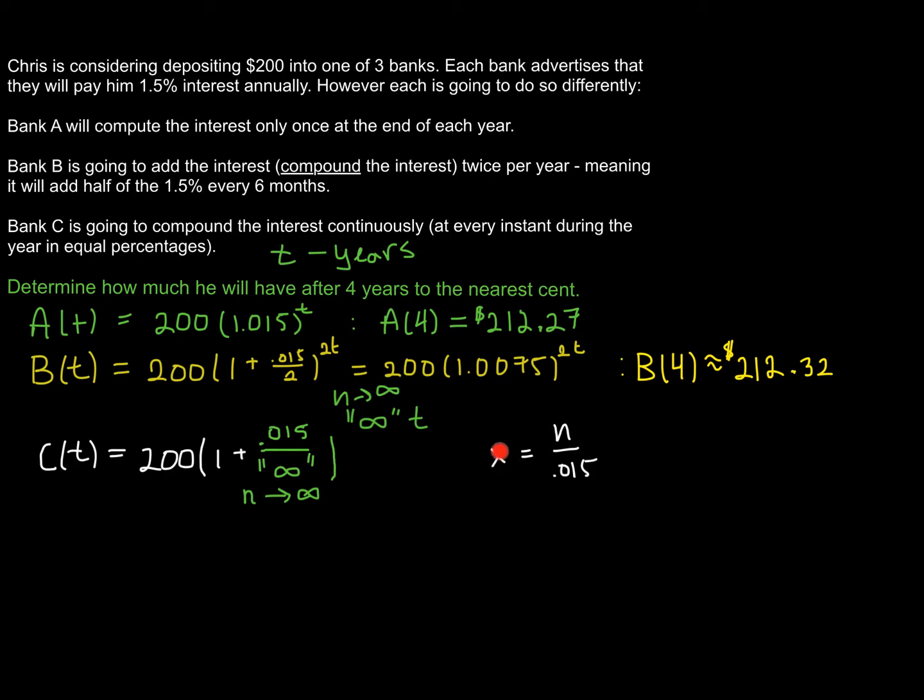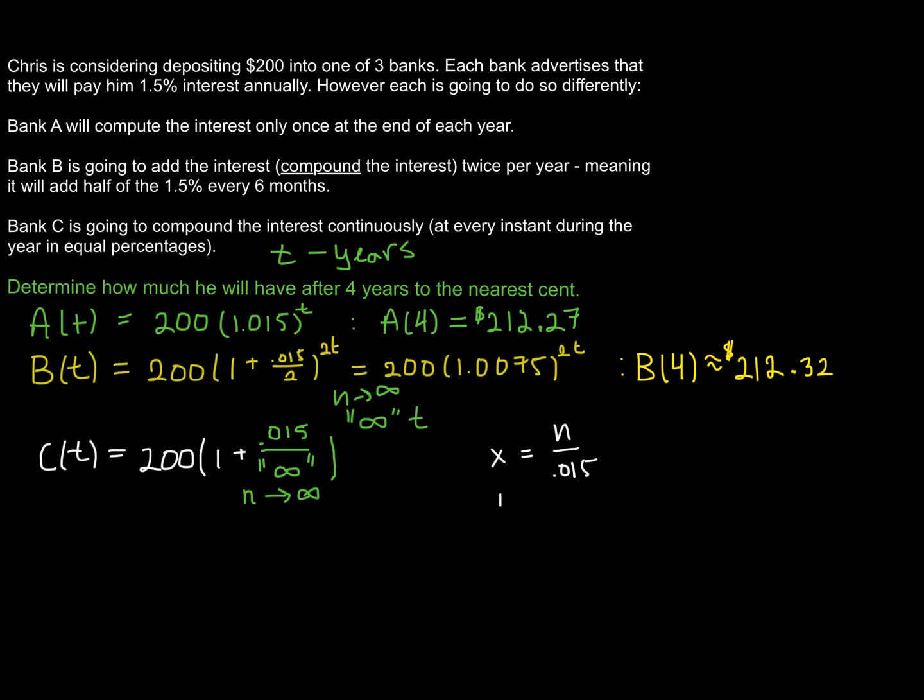Okay. Now, what does this mean? Well, we want to put x into our expression here. Notice that what we have going on with our 0.015 is that we have 0.015 over n. Now, x is n over 0.015. So if we want to replace this expression with something that involves x, we need to take the reciprocal of both sides. So we have 0.015 over this infinity thing here.